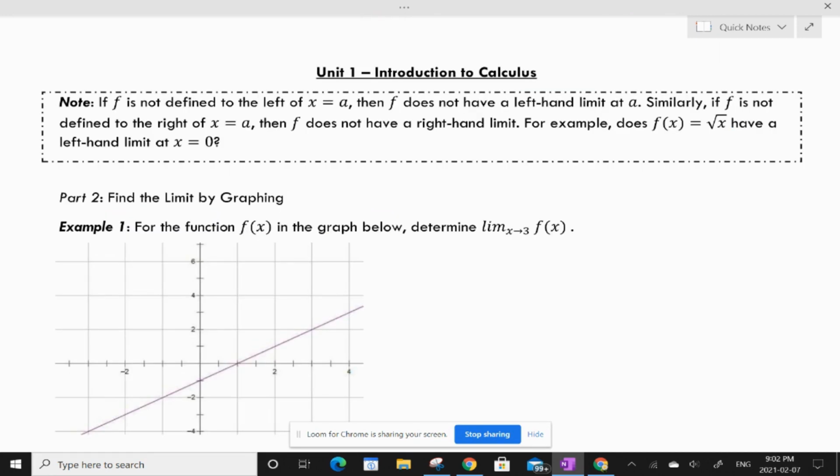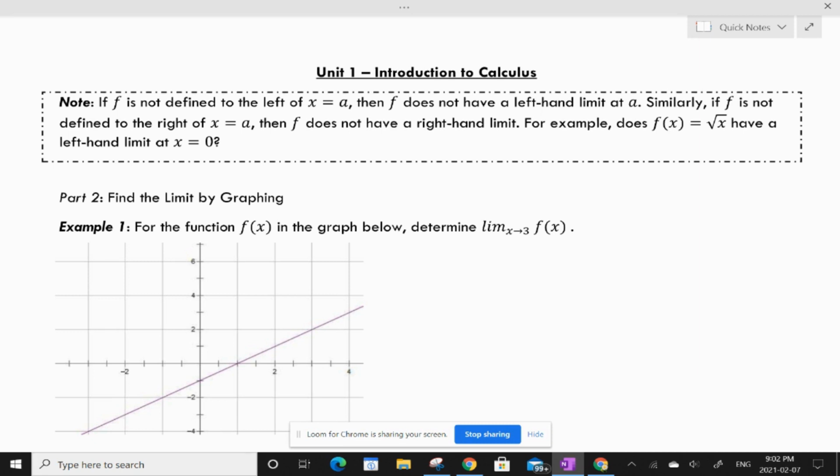There's also another note that I'd like to bring to your attention. If your function is not defined on the left-hand side of a, then your function will not have a left-hand limit at a. The same thing can be said if f is not defined to the right of x equals a, then your function will not have a right-hand limit.